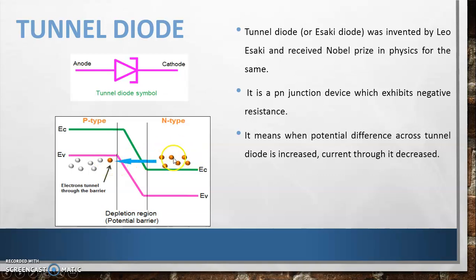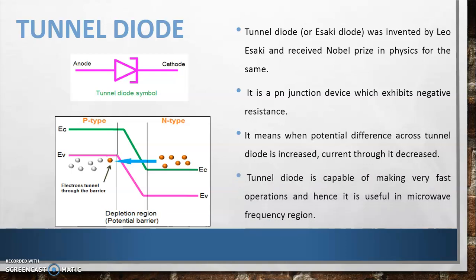Classically this is not possible, but quantum mechanically there is a small chance that an electron having less energy to cross this barrier can tunnel through that potential barrier.